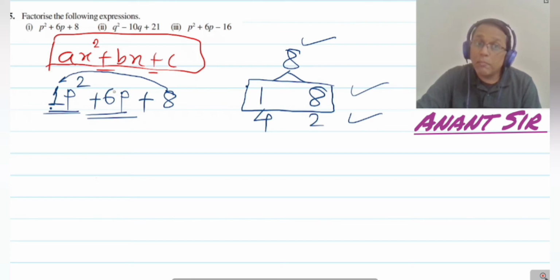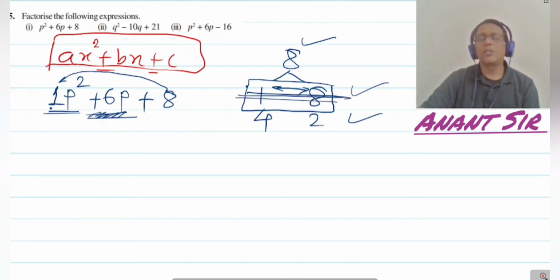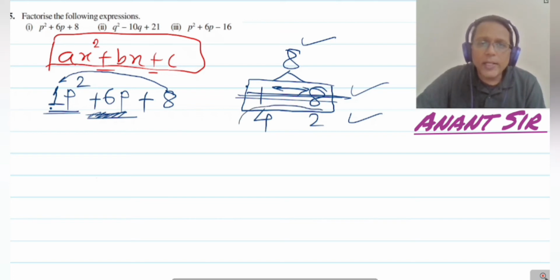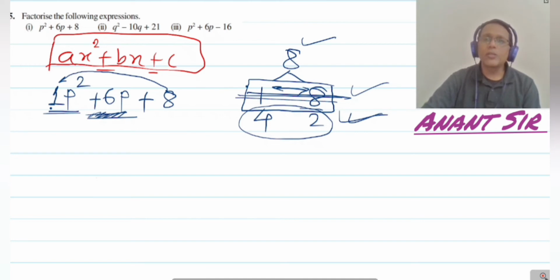But you should get the middle term. What is the middle term? 6, but you don't get it. If you subtract 8 minus 1, still you don't get the middle term 6. So that means this pair is of no use to us. Forget this pair. Now, the second pair is 4 and 2. If you add these two terms, you get the middle term 6. So that means this pair is going to be useful for us.